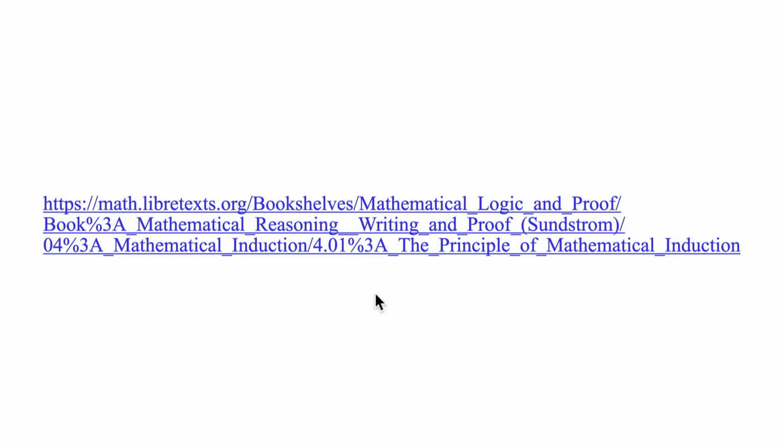And you can find many problems to solve by induction all over the internet. One nice place is LibreTexts, a free-of-charge book, where you have a chapter about the principle of mathematical induction. There you can find some problems which you can solve in order to practice.